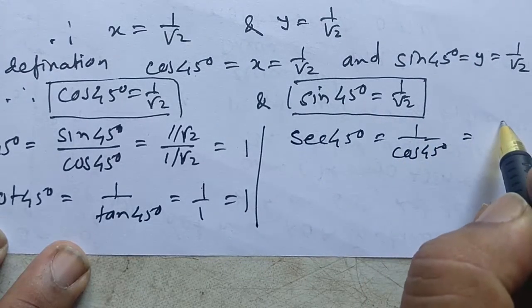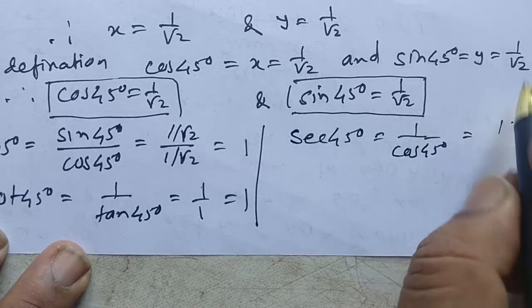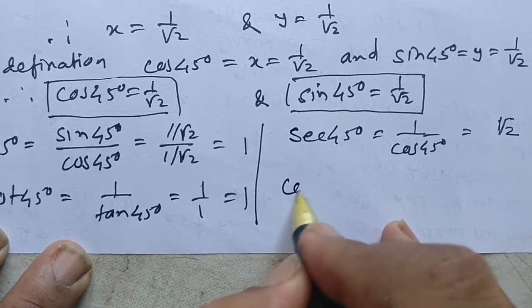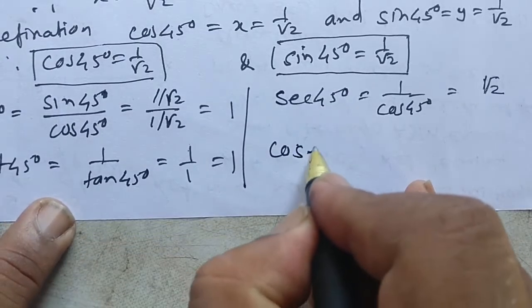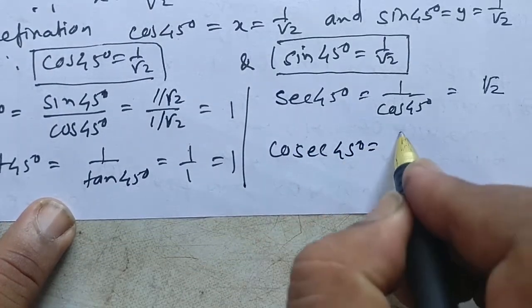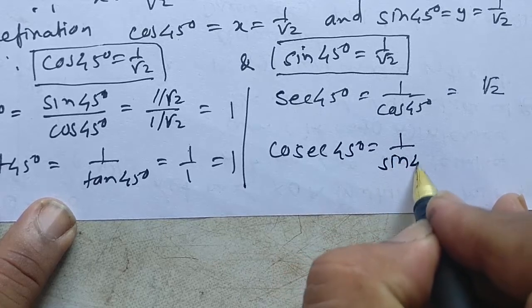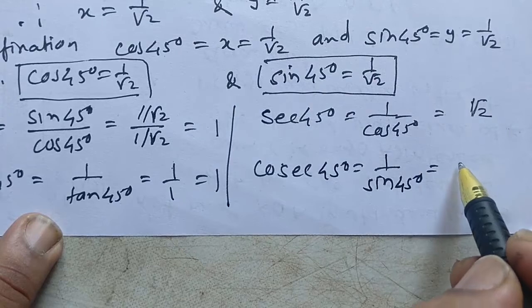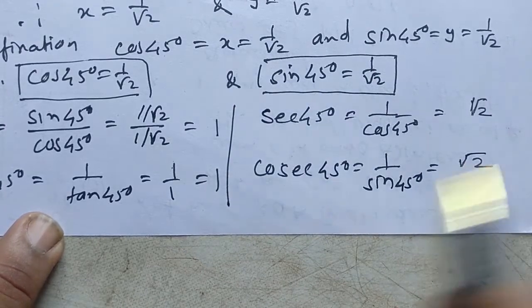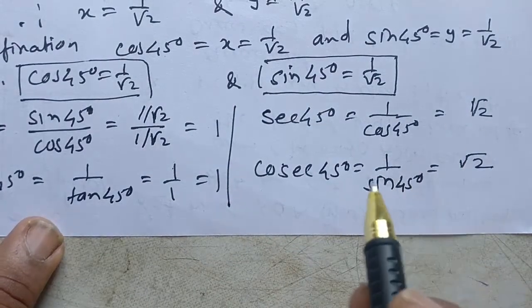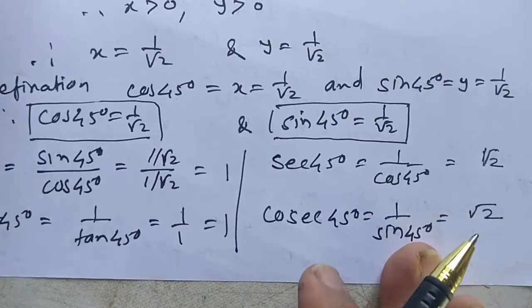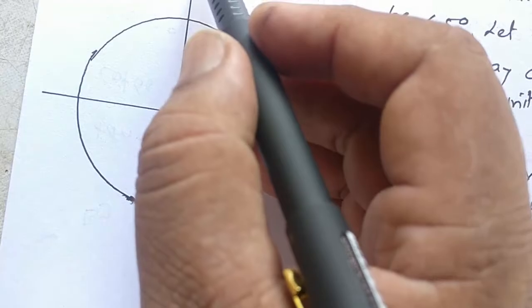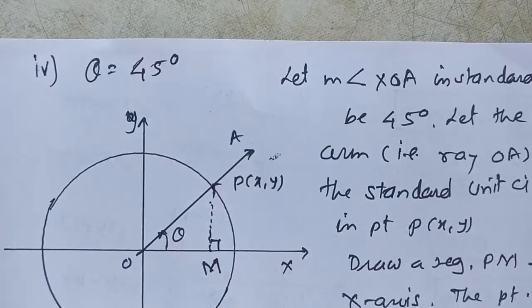So, the reciprocal of 1 upon under root 2 is under root 2. Cosec 45 degree is 1 upon sin 45 degree. It is a reciprocal of 1 upon under root 2, that is root 2. In this way, we find all trigonometric ratios of angle 45 degree.